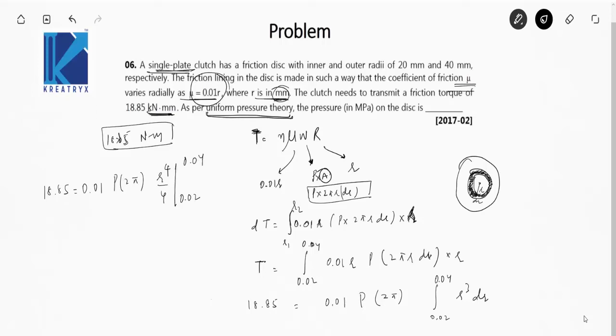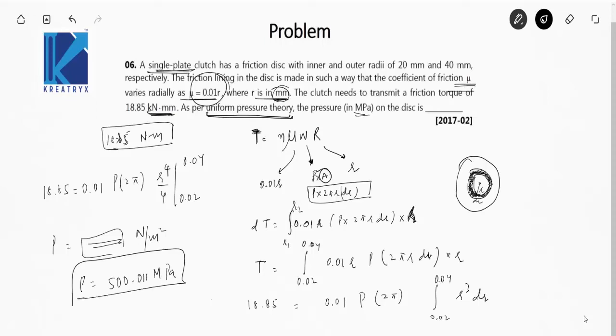When you solve this, the pressure will be a long value in newton per meter square, but we have to find the pressure in megapascal, so directly I am writing the answer in megapascal, that is 500.011 megapascal.